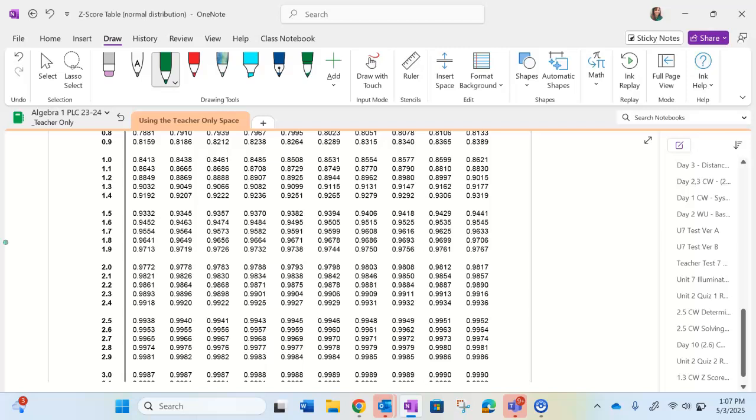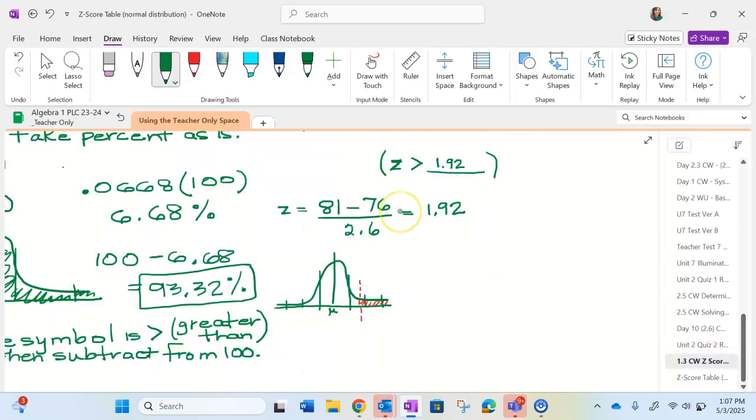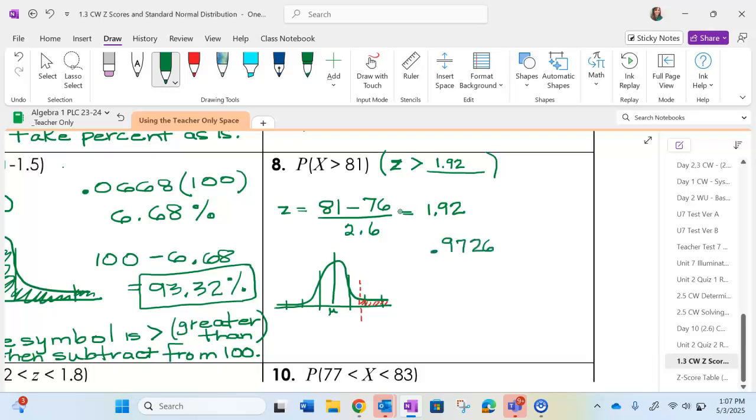So it's 0.9726. I'm going to multiply by 100 to give me 97.26%.